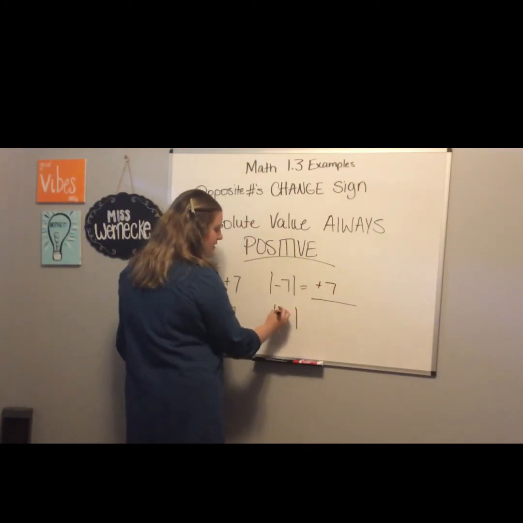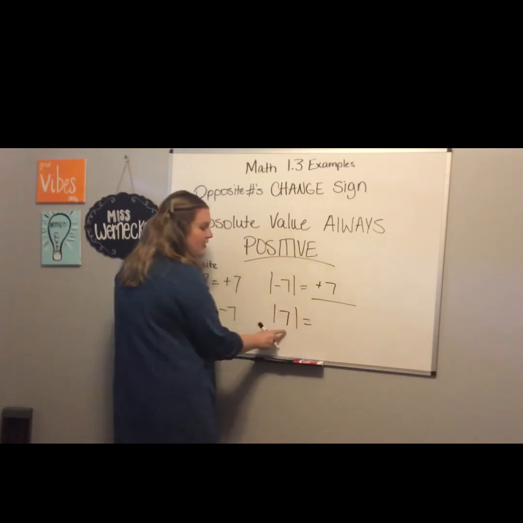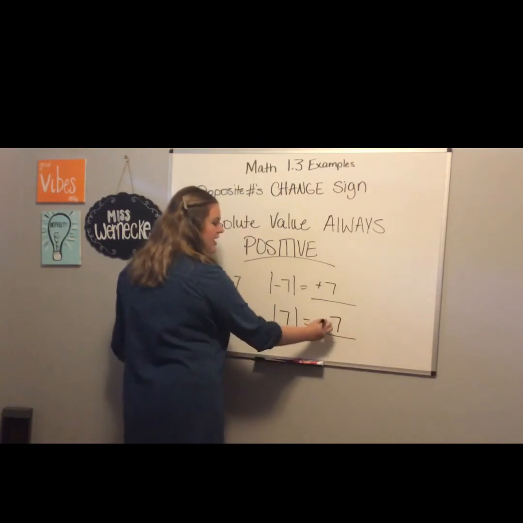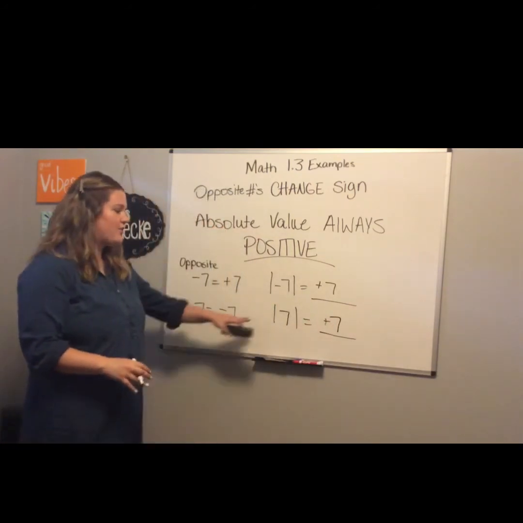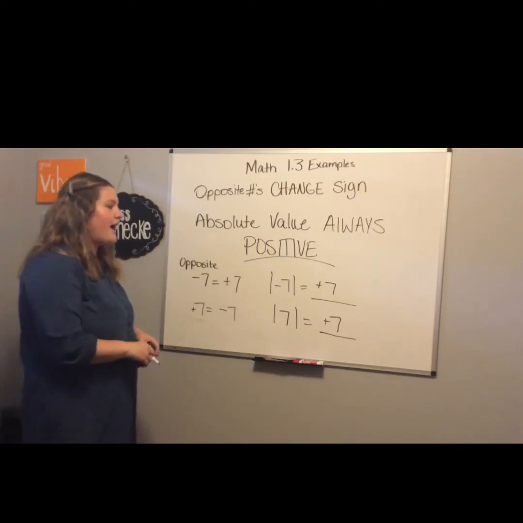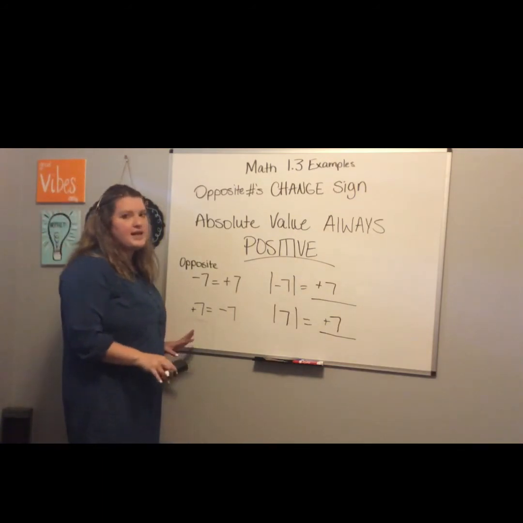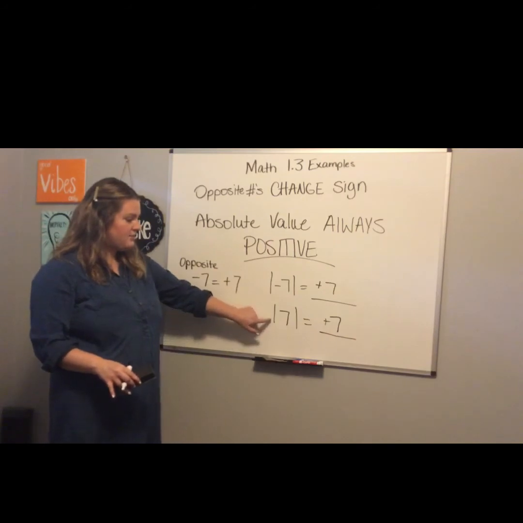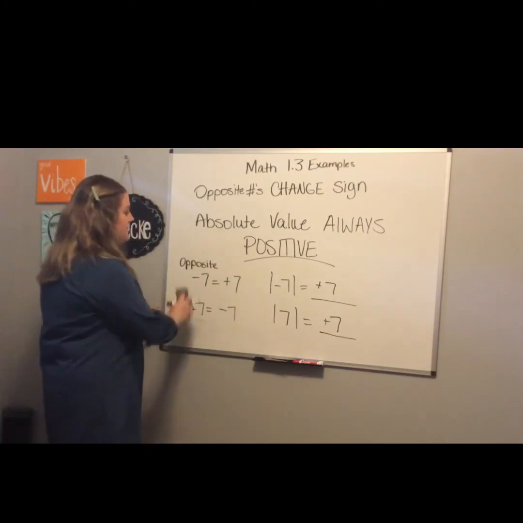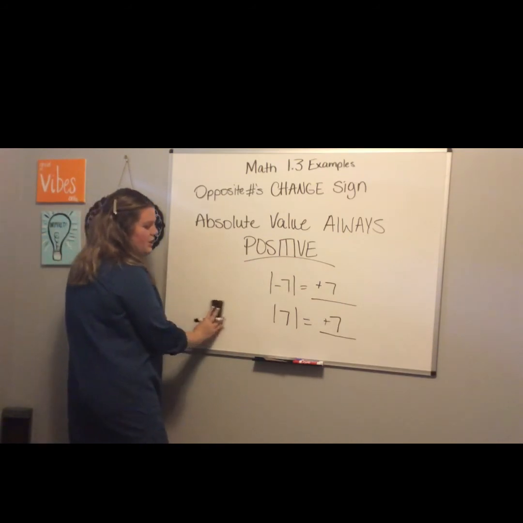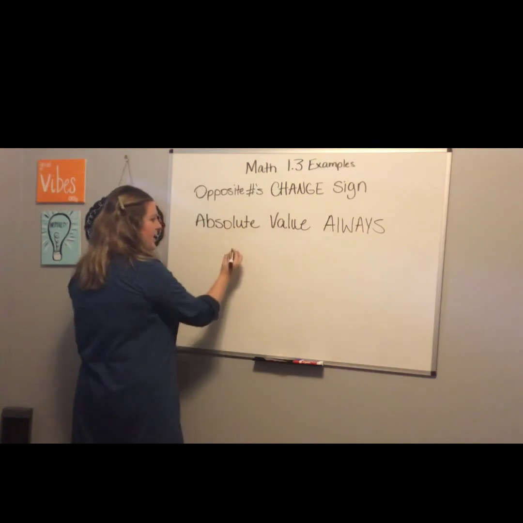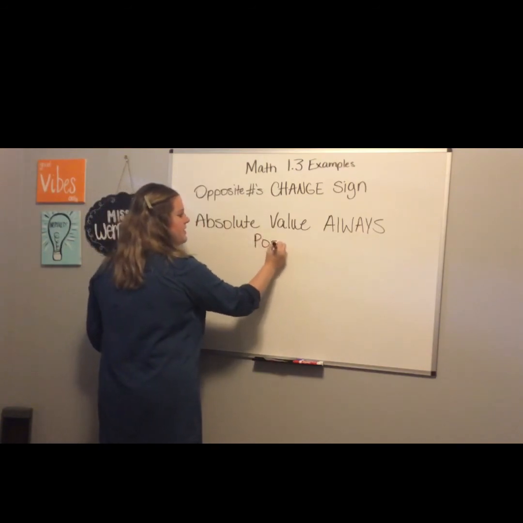The only difference here is if I'm looking for the absolute value of a positive 7, the number stays the same. You're not changing the sign to a negative if you're looking for absolute value. Absolute value is always positive. If you ever get a negative answer in one of these, when you see these brackets, you're wrong. It's always positive, okay? So that's the only big thing to know for chapter 1 and for your test: don't get confused.